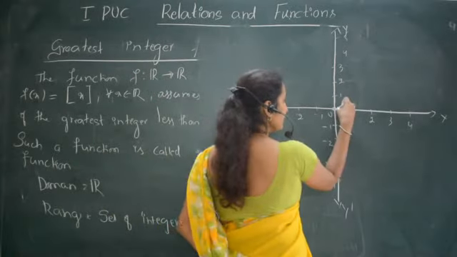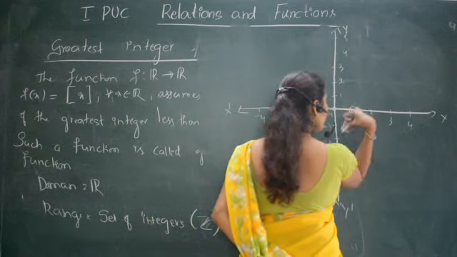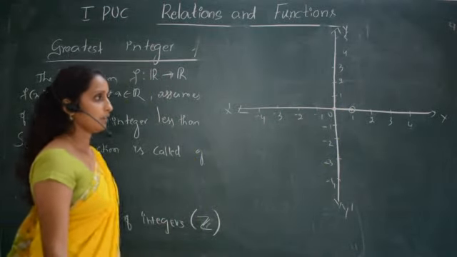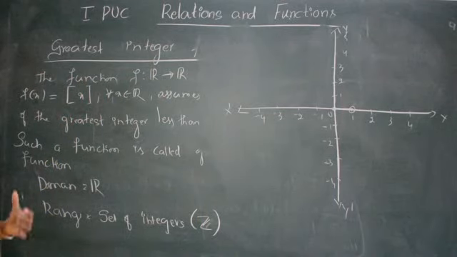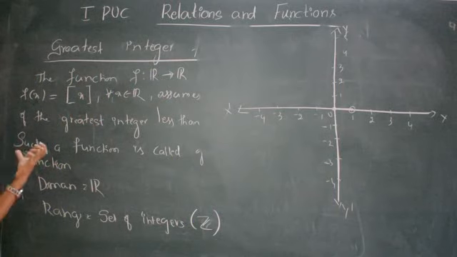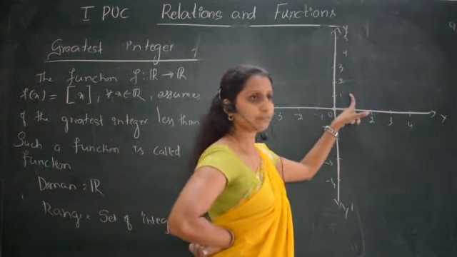Therefore for all these values except this, I have to write an open bracket. When x is between 0 and 1, the graph is always including 0 and excluding 1. Now if I take x equal to 1, then y is 1 only.